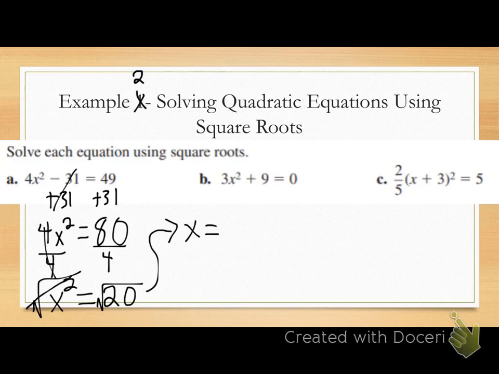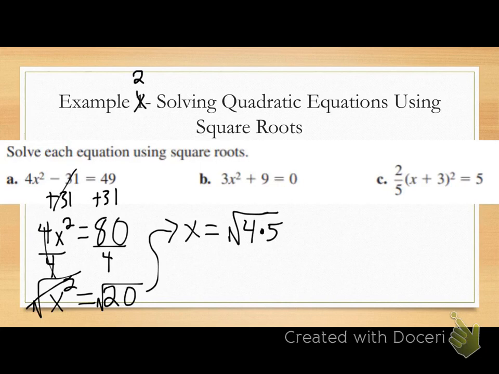4. So I would break this down into 4 times 5 under the radical. Did I keep it equivalent? Is the square root of 20 the same thing as the square root of 4 times 5? Yes, it is.